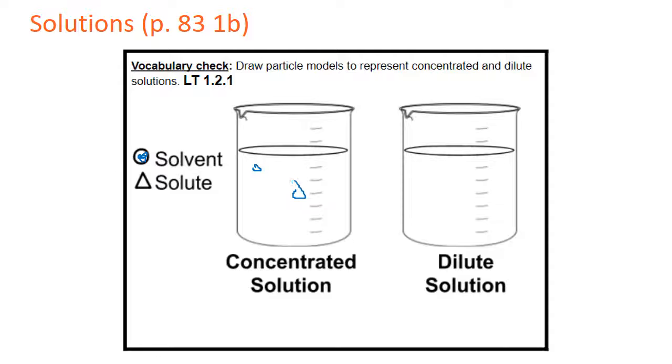So over here, I'll draw, say, 5 or 6 solvent particles. Over here, it's mostly solvent. We'll draw in maybe 8 or 10 of these solvent pieces.